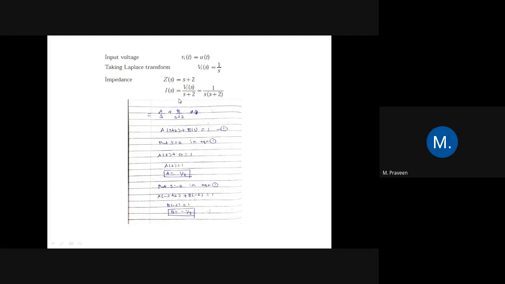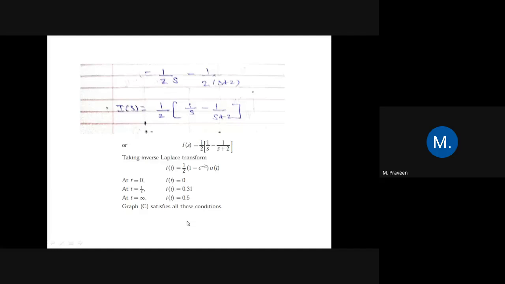Next we find the value of B. To make the A term 0, we replace S by -2. Then B of -2 equals 1, so B is equal to -1/2. So A is 1/2 and B is -1/2.